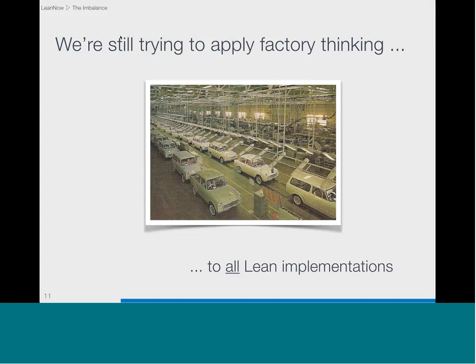As a result, lean implementations are lengthy affairs with high costs and disruptions and lots of roadblocks and lots of extra time and lack of support as a result of applying this approach. So what I was told by leaders is they didn't want to take this approach. They wanted something that let them implement lean rapidly without these excessive costs and disruptions and hassles and roadblocks so that they could get bottom line results fairly quickly.